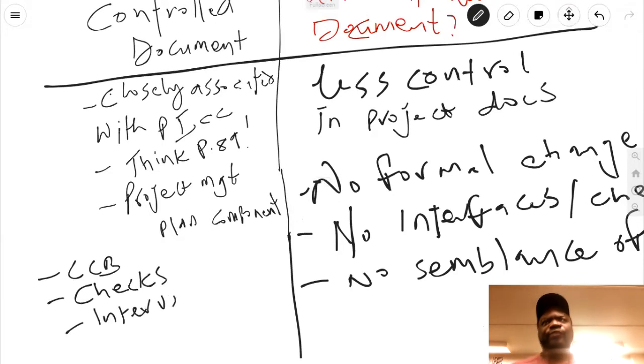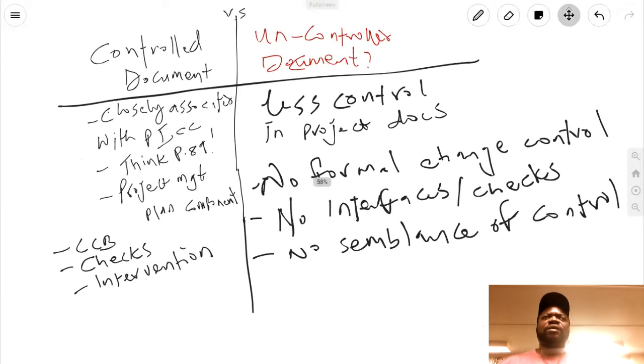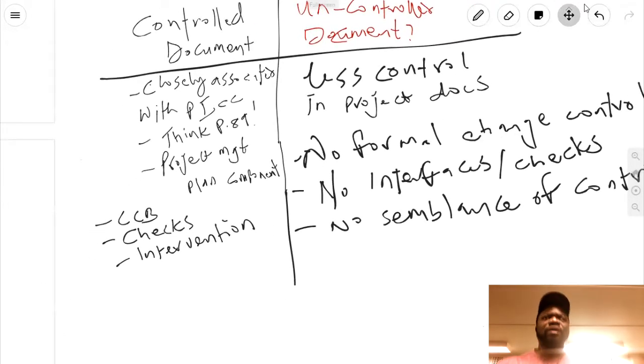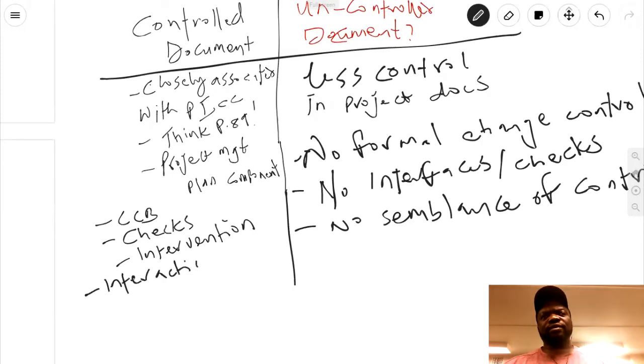A document is referred to as controlled not just because a signature is required. It is not the signature that makes it controlled. It is the interaction and the approval chains that make me refer to it as controlled.